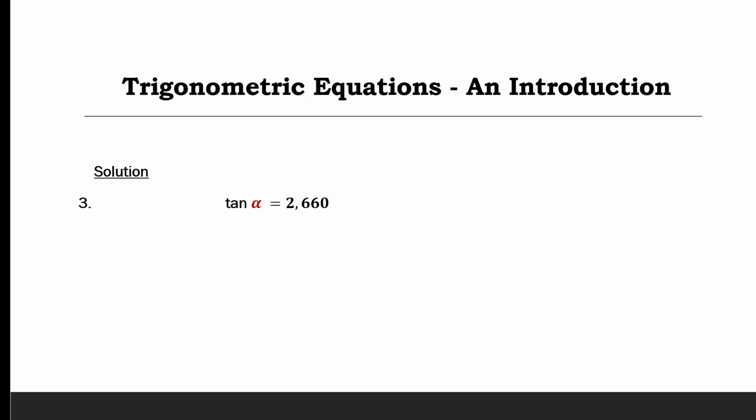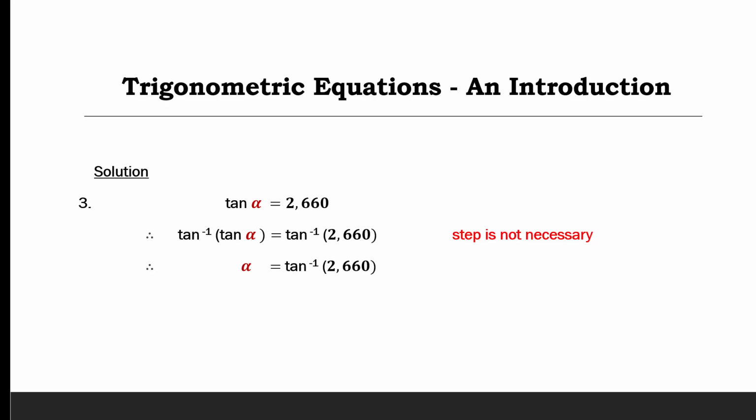So to undo the application of tan on alpha, we apply the arctan function, which gives us alpha equals the arctan of 2,660, and doing that on the calculator gives us 69,39675 degrees. When done to two decimal places, it gives us 69,40 degrees.